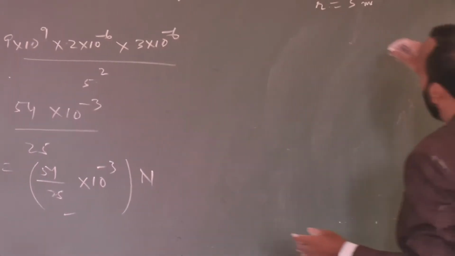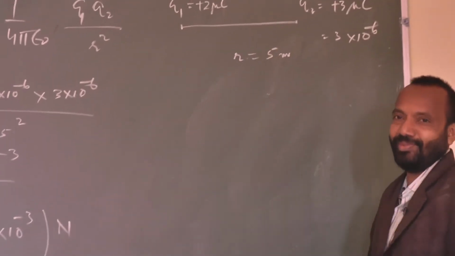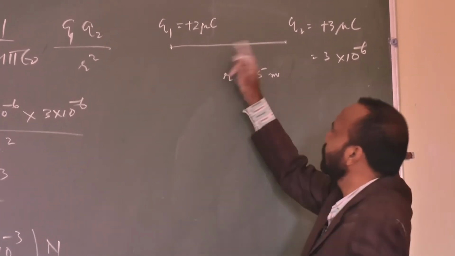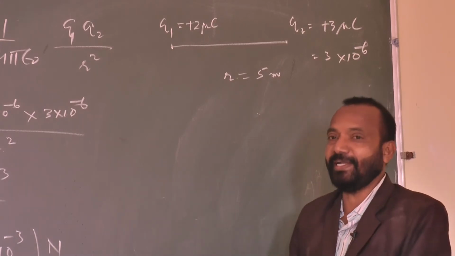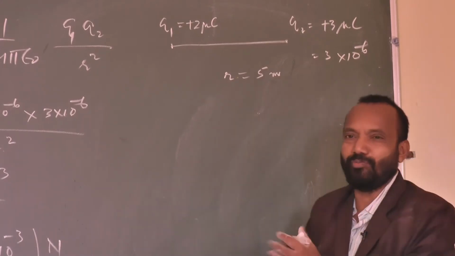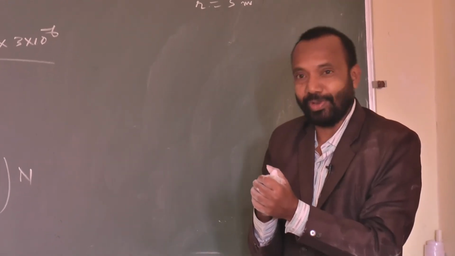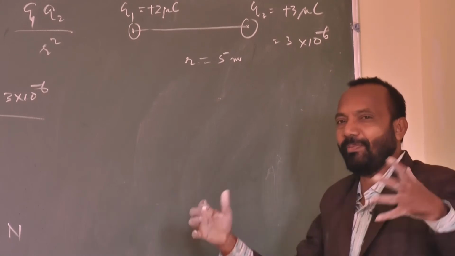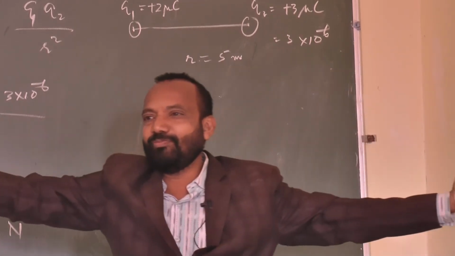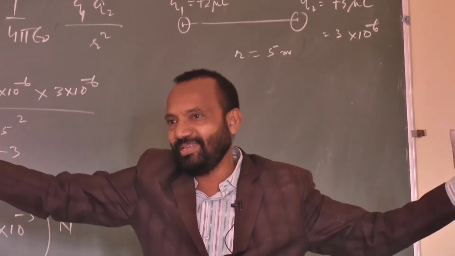Now the question is: at what position between Q1 and Q2 should I put a point charge so that the Coulomb forces will be in equilibrium? You see Q1 is positive, Q2 is positive, so in between them a repulsive force takes place.